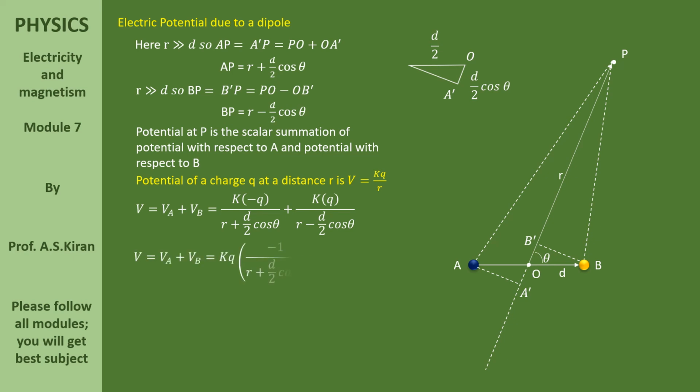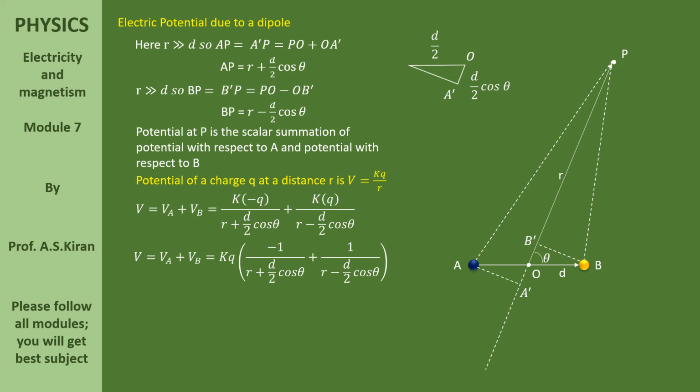Now here, of course, simplification is simple. Don't worry about it. Very simple it is. Let us observe now. V is equal to VA plus VB. That is equal to, bring KQ common, kq into, in bracket, minus 1 by r plus d by 2 cos theta plus 1 by r minus d by 2 cos theta.